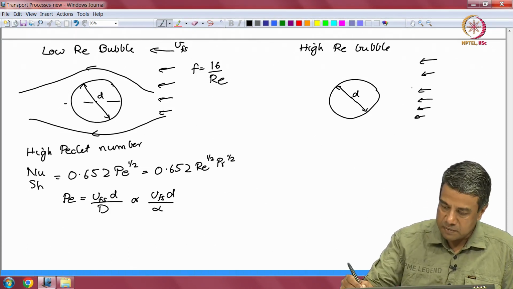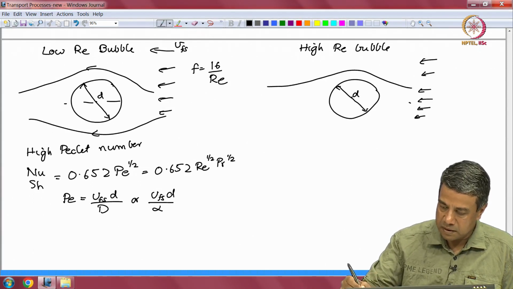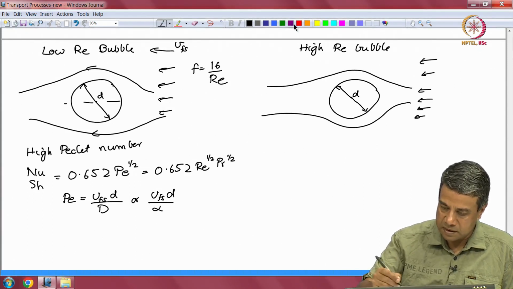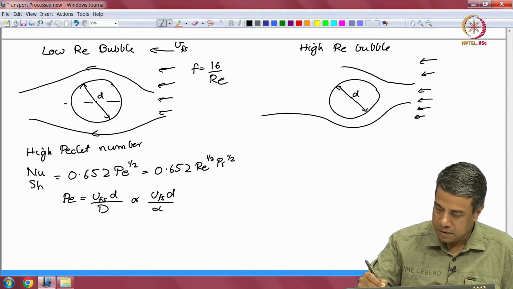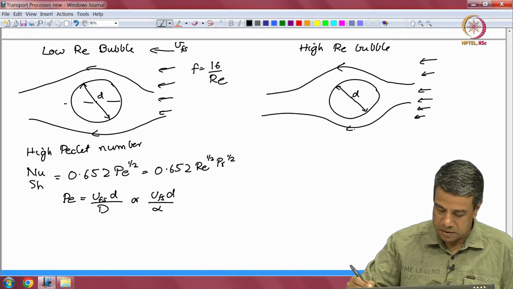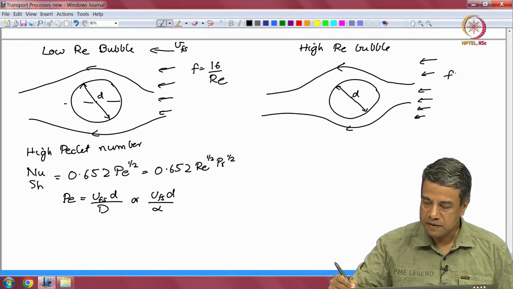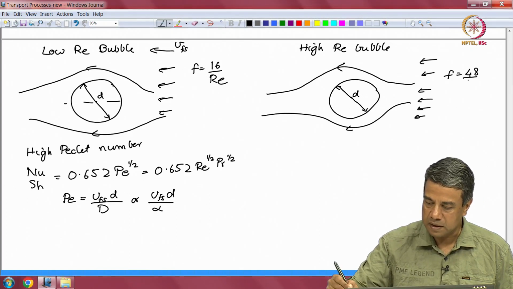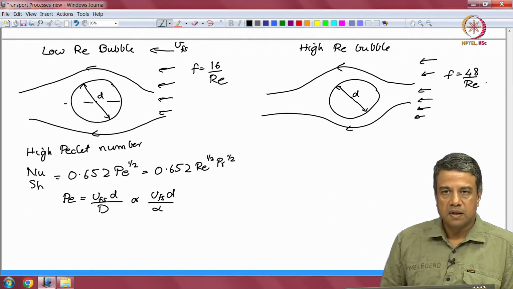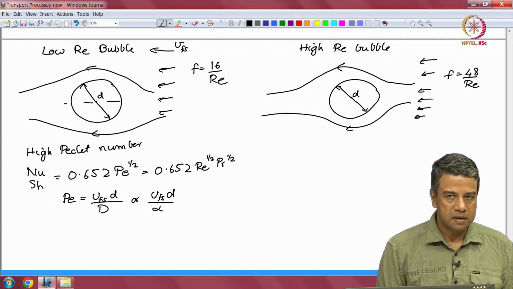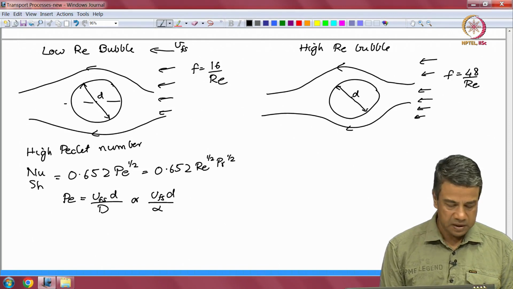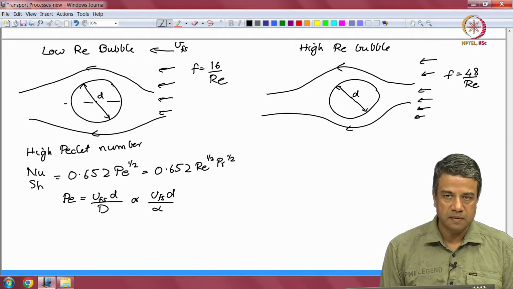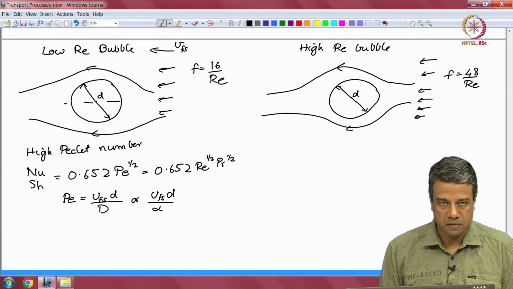Once again, the velocity profile turns out to be symmetric between the upstream and the downstream sides. And at high Reynolds number, the friction factor is equal to 48 by Re. So, we do not have the boundary layer separation, the wake formation, etc., for the flow around a bubble, in general. So, the velocity profile is symmetric between the upstream and the downstream sides, and there is no boundary layer separation and so on.